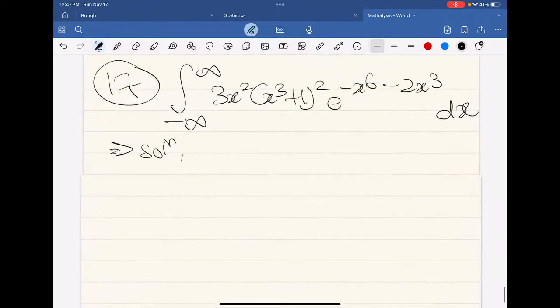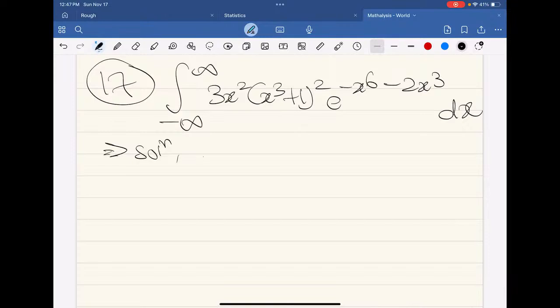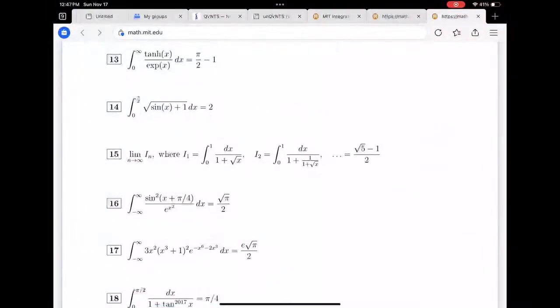Okay, so for this one, integral from minus infinity to infinity, I can write this as e to the power, there was 2x cube, right?